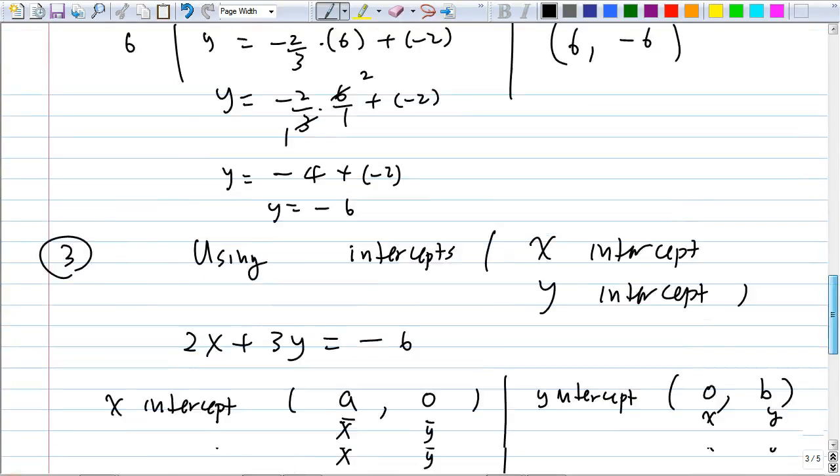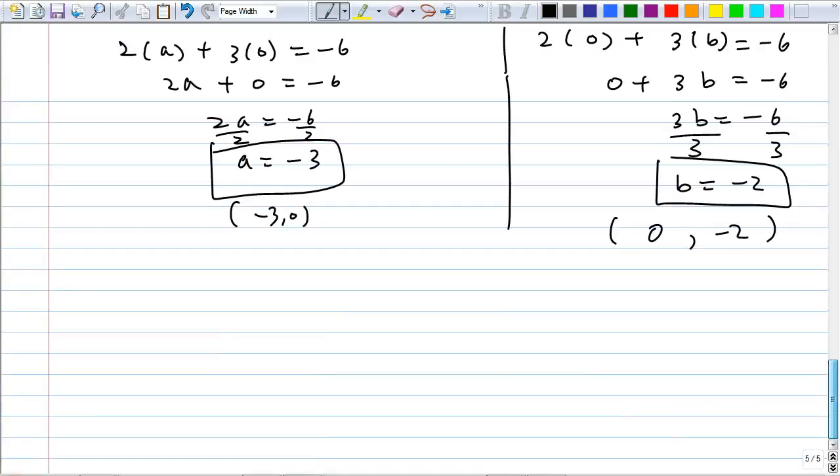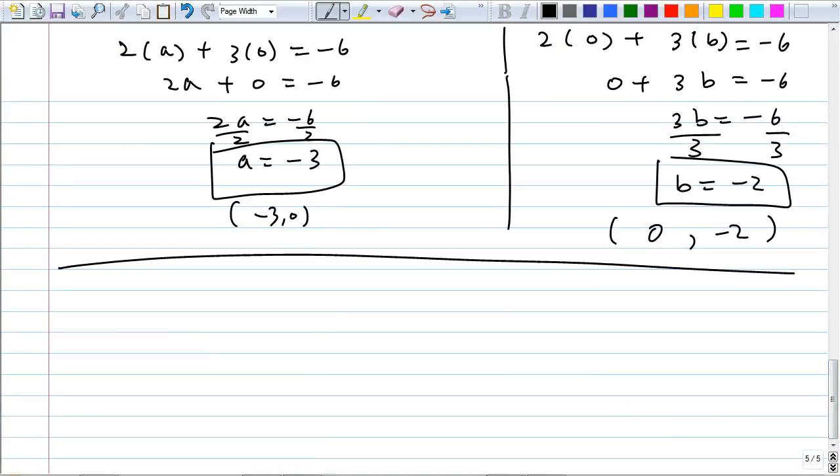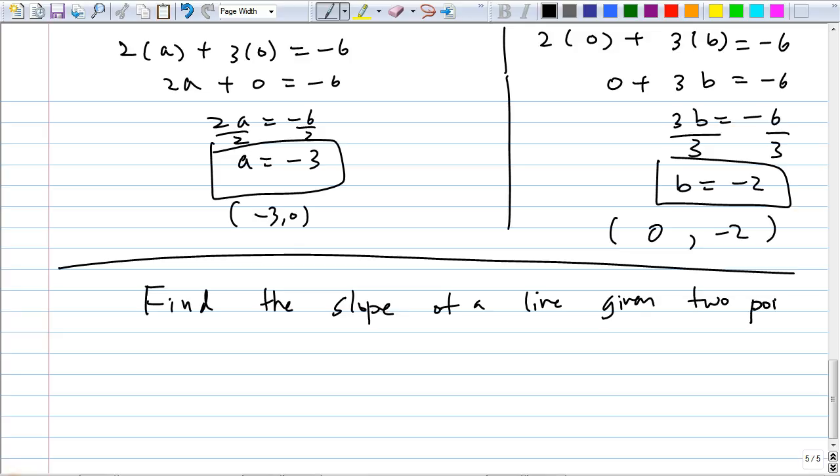And the last thing we learned was finding the slope of a line. So for example, if I gave you some points like so, find the slope of a line given 2 points, like negative 2, 3, and how about 3 comma negative 5, okay?